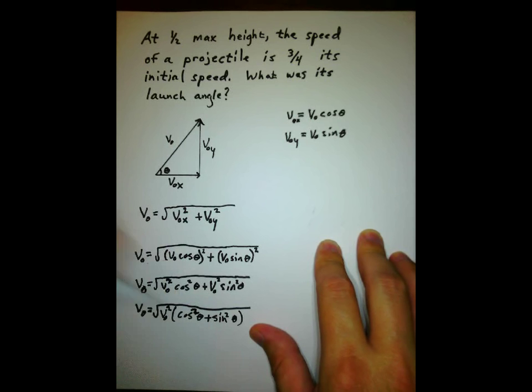Sorry, my 2 looks a little bit like a 3 right there. Okay. So now from trig, we all remember that cosine squared plus sine squared is just 1, right? So now we've got v naught squared times 1.